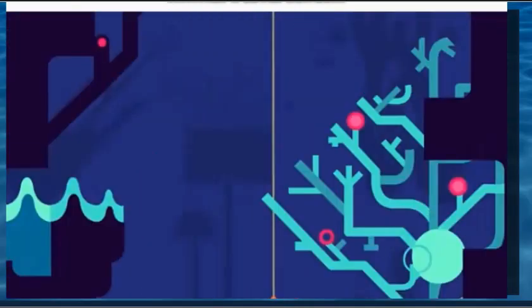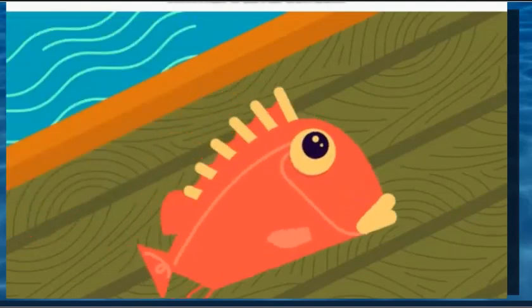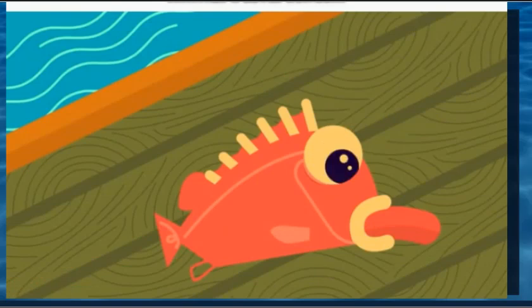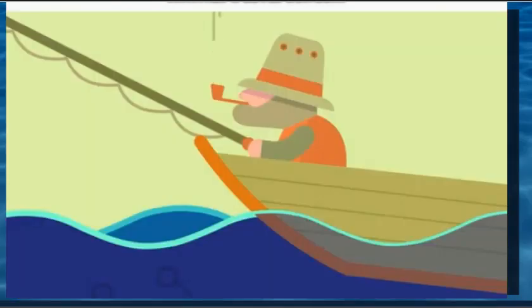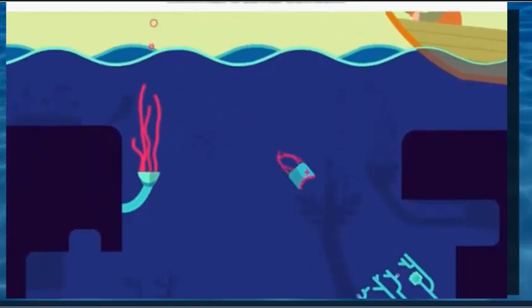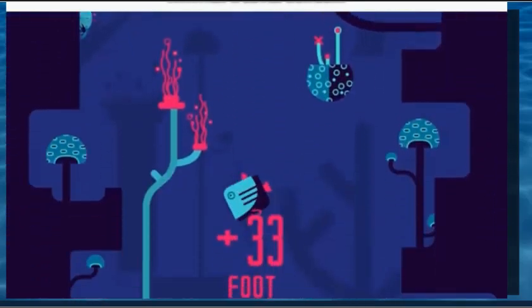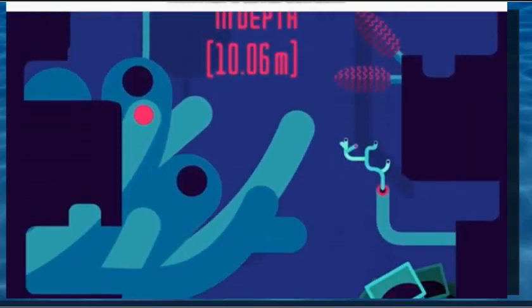Sometimes, when a fish is reeled up to the surface, it will appear inflated, with its eyes bulging out of their sockets and its stomach projecting out of its mouth, as if it's been blown up like a balloon. This type of bodily damage, caused by rapid changes in pressure, is called barotrauma. Under the sea, pressure increases by 14.7 pounds per square inch for every 33-foot increase in depth.